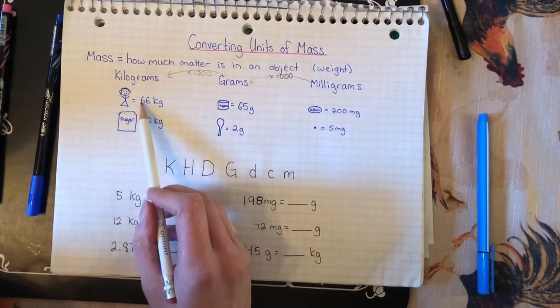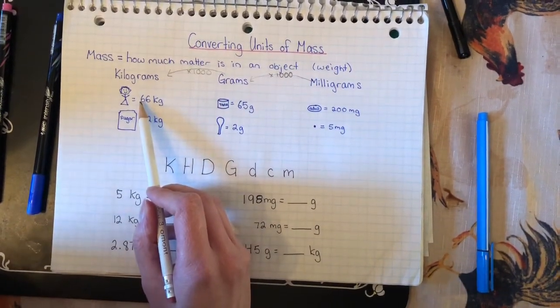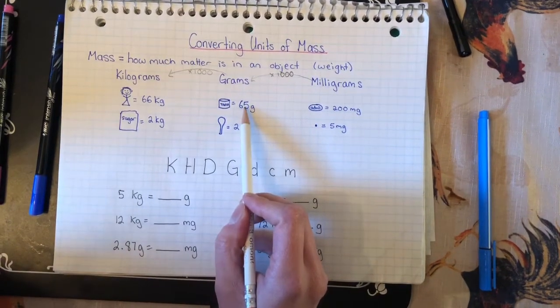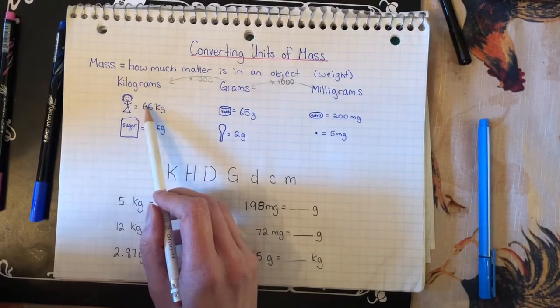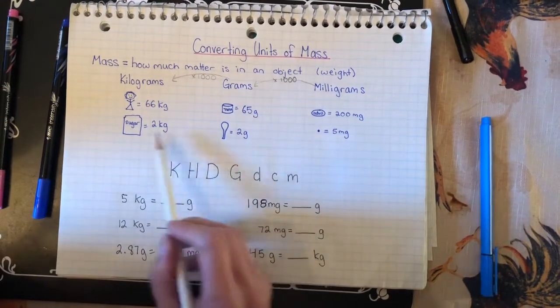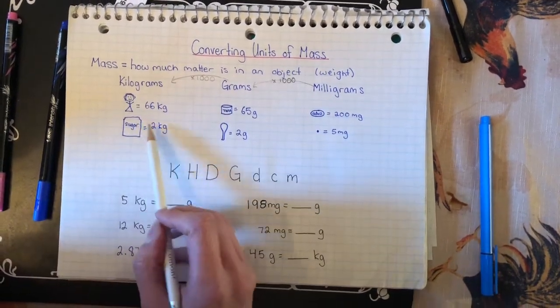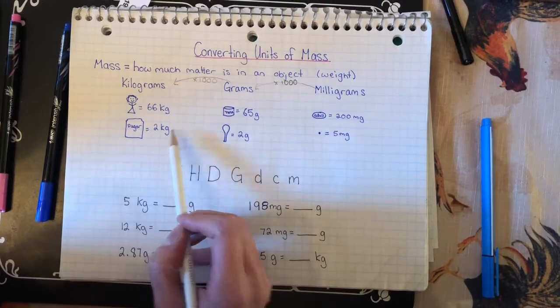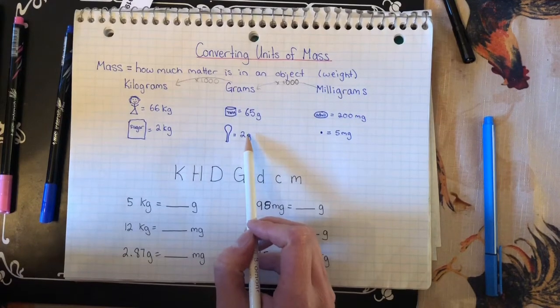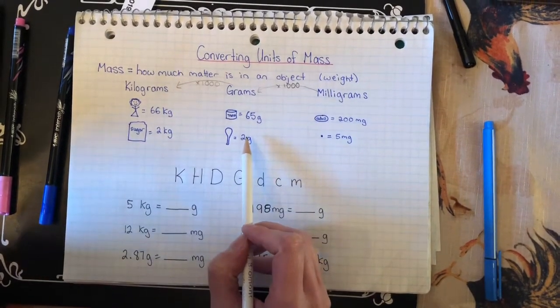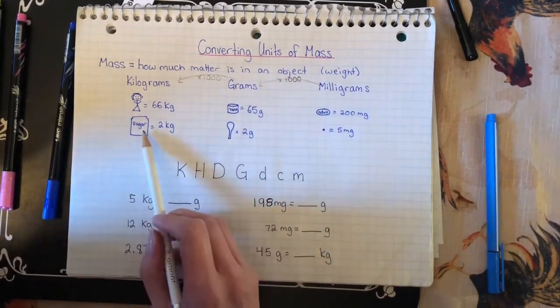So if I weigh 66 kilograms and this is 65 grams, you can imagine how many I could fit into me. Before we saw a whole bag of sugar is 2 kilograms. Well, a tablespoon of sugar is 2 grams. So think about how many spoonfuls of sugar are in that bag.